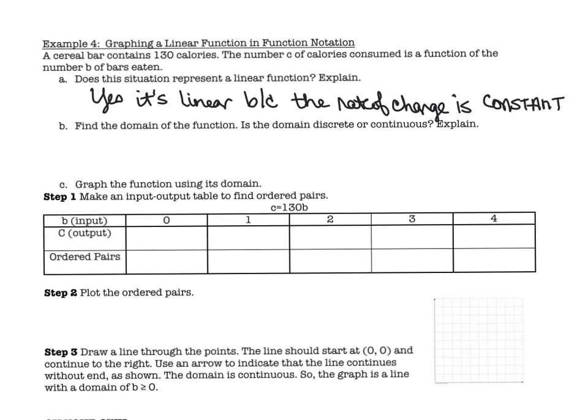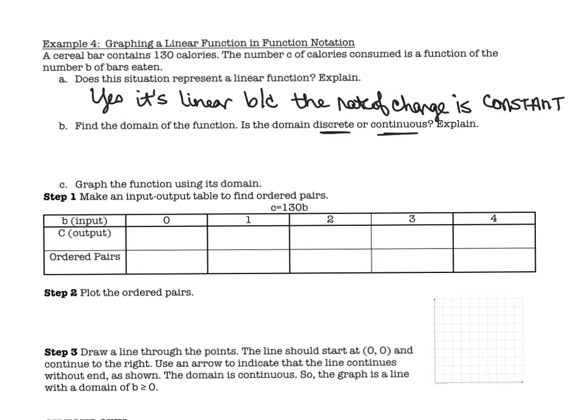Find the domain of the function. Is the domain discrete or continuous? So the domain, I want you to think about it. Would it be discrete or continuous? Discrete means we would have to only eat one bar and then two bars and then three bars. If it was continuous, the domain is the number of bars eaten.